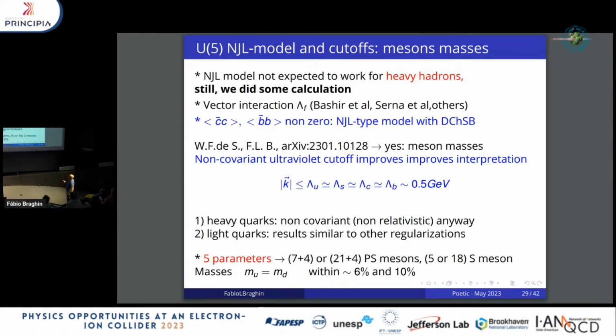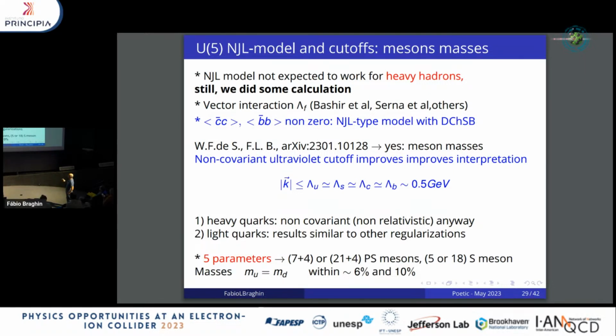So we took the U5 Nambu-Jona-Lasinio model with charm and bottom, and we used the same procedure that is present in several calculations using vector interactions, punctual structureless interactions with an ultraviolet cutoff, but besides introducing the flavor-dependent coupling constant, we also chose a different way of regularizing the model.